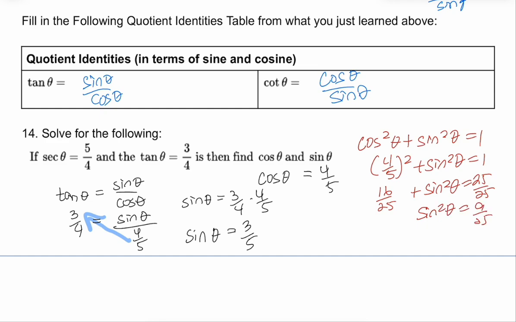Sine squared is 9 over 25. So if you take the square root of 9, you get 3. If you take the square root of 25, you get 5. That's another way to get to the same place.